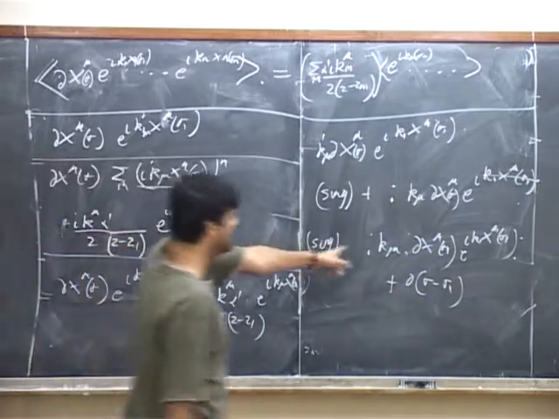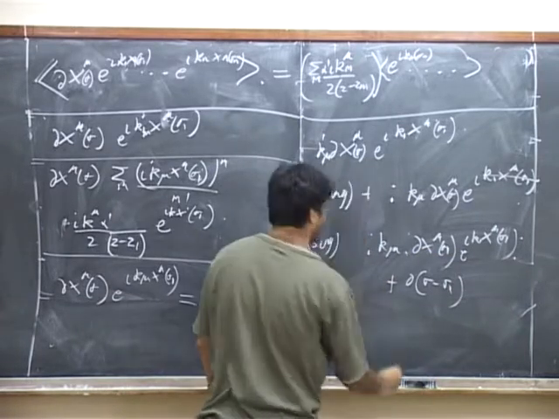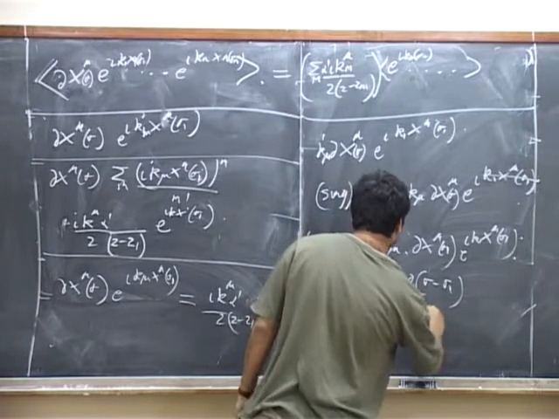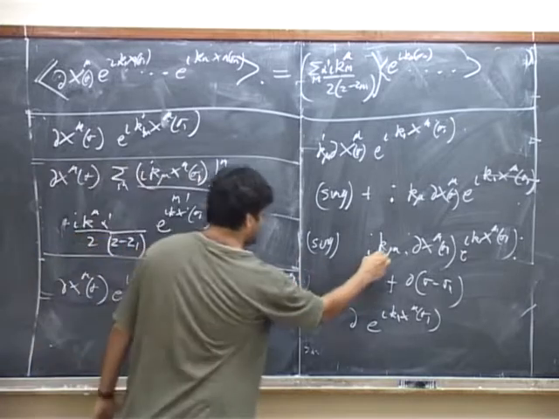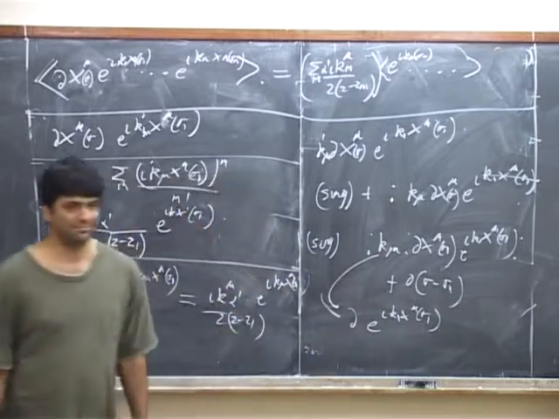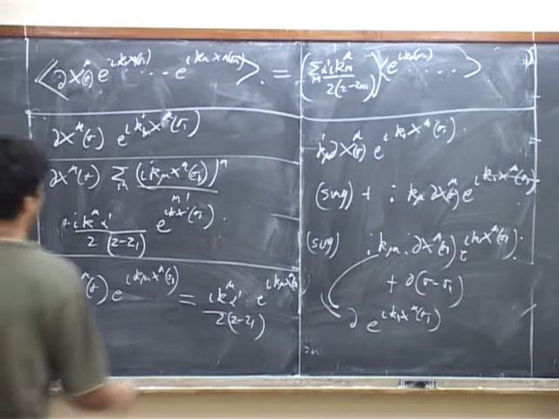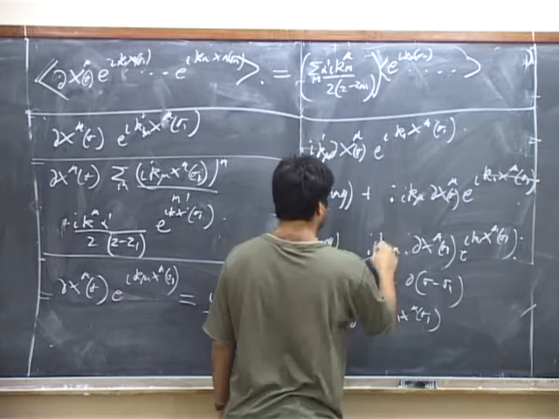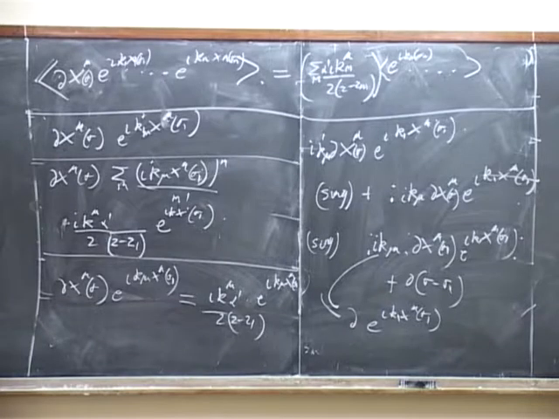But now this piece here is simply del of e to the power i k1 x mu of sigma 1. Let me do it with an i here, and then take the derivative.